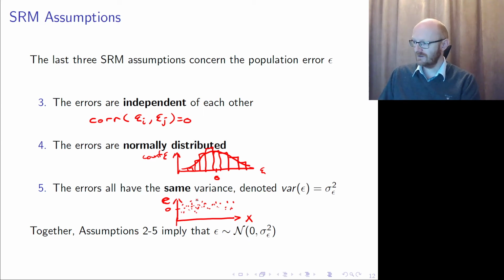It should not be a funnel which increases. The variance of epsilon, or the error, should not increase or decrease when you plot it against the x.